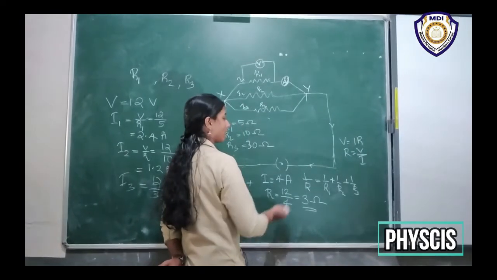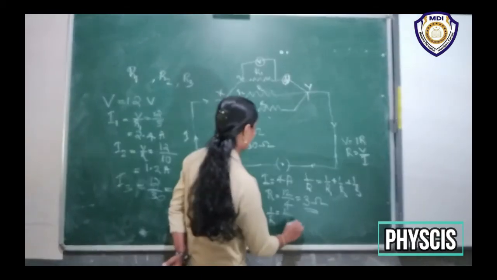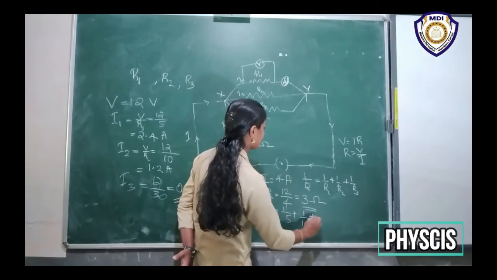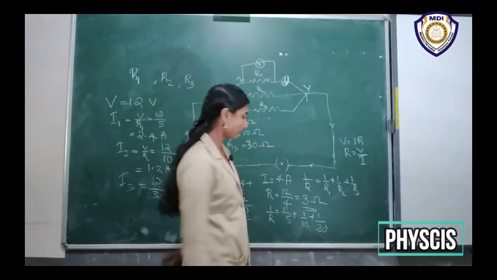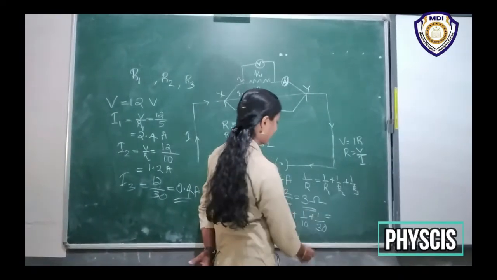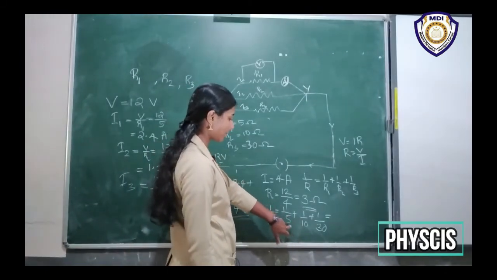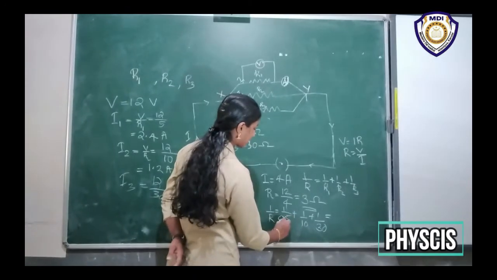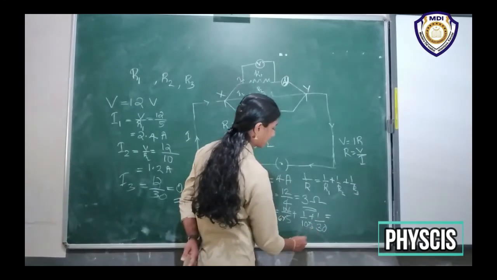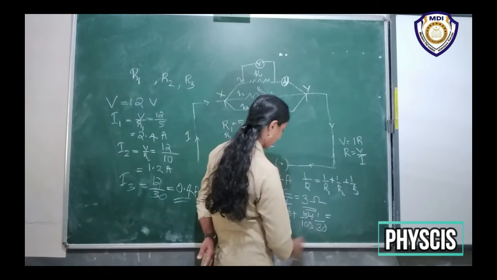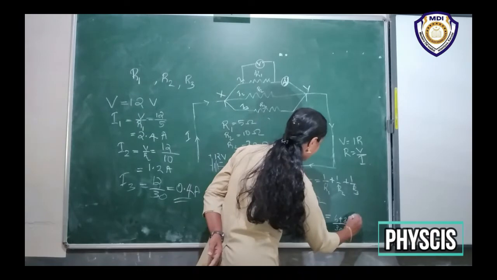Or else we can find 1 by R is equal to 1 by 5 plus 1 by 10 plus 1 by 30. This way we can also find it. We get the common denominator, that is 30, right? That is 6 into 5, and here we have multiplied by 3. So it becomes 6 by 30 plus 3 plus 1, right?